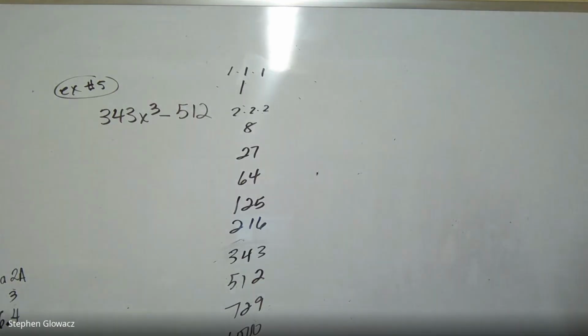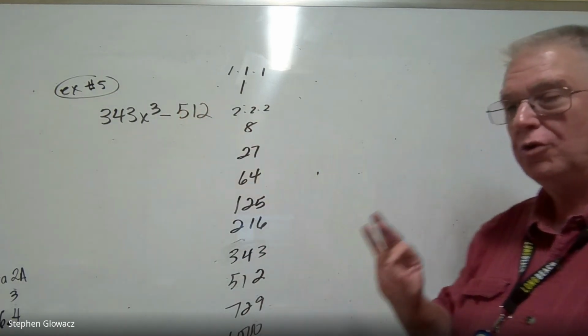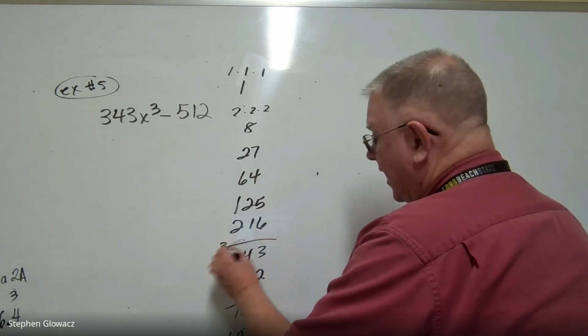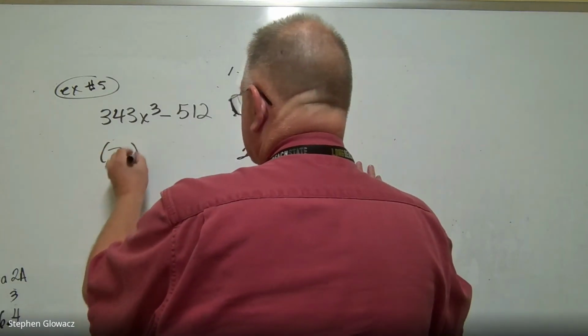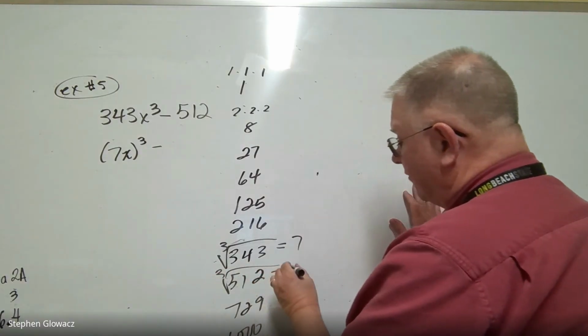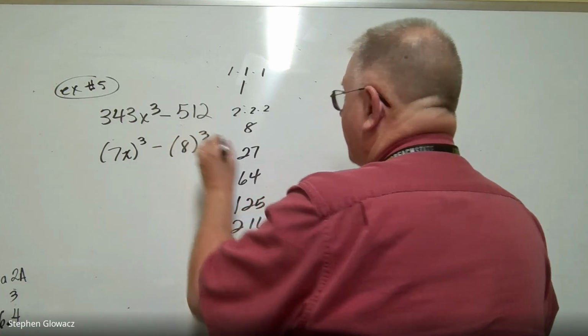All right, so now what we're going to do here is rewrite these as the difference of two perfect cubes. And so the cube root of 343 is 7. So we have 7x raised to the third power. The cube root of 512 is 8. And so we have 8 raised to the third power.